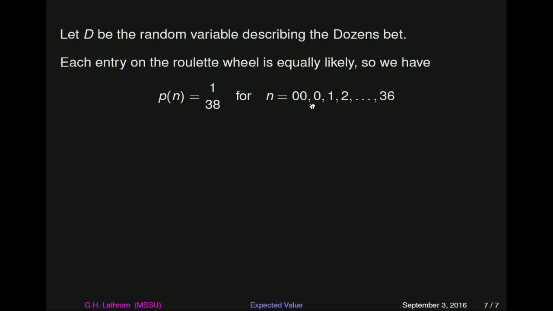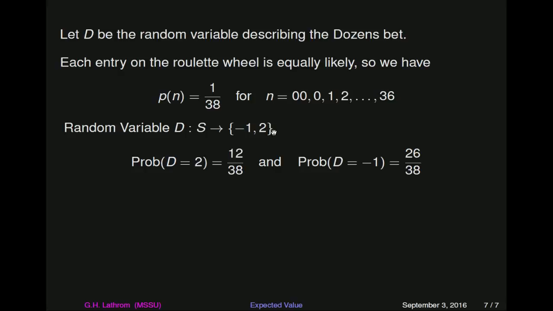So that gives us a total of 38 possible outcomes, a uniform probability on that, which then gives us a probability density of 1 over 38 for each one of those outcomes. Now, our random variable D is going to be a map from our sample space to the values of -1 or 2. Now, what those values actually represent are really our payouts.